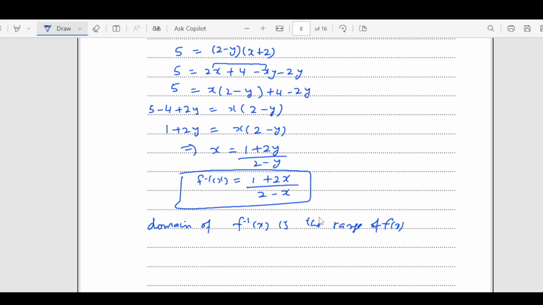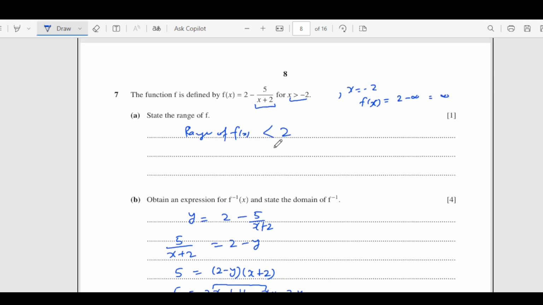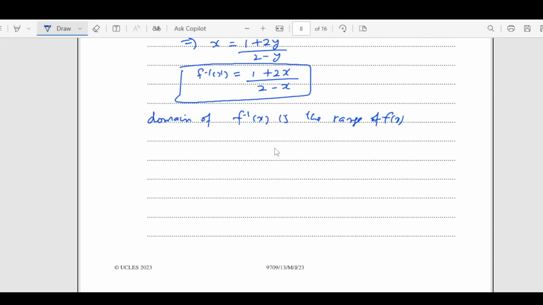We have already done the range of f(x) in the first part: it is less than 2. So therefore the domain of f inverse x is also less than 2. So this is our answer.